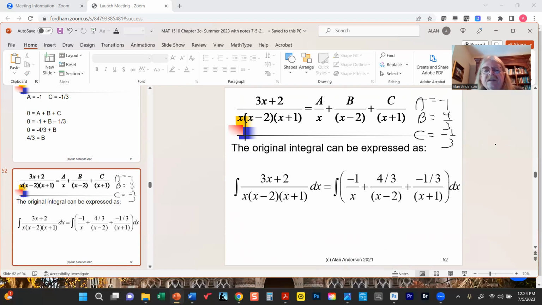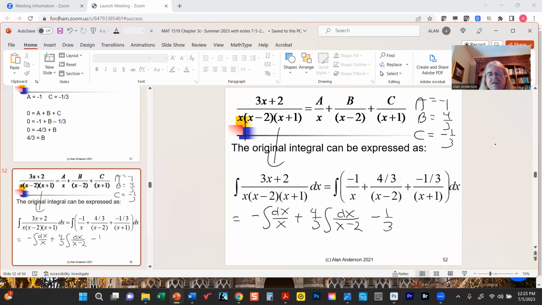So what that means is when we integrate the original expression, we're integrating A over X, which is -1 over X, B over X minus 2, which makes it 4/3 over X minus 2, and then C is -1/3. Now we can break these up into the 3 separate integrals.